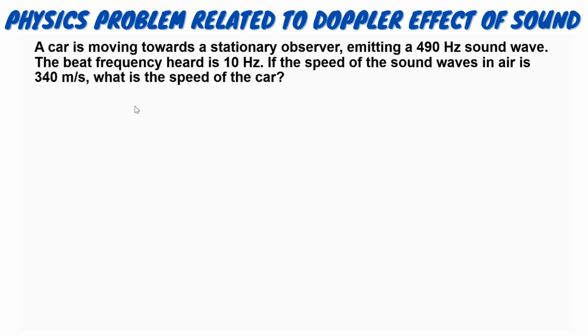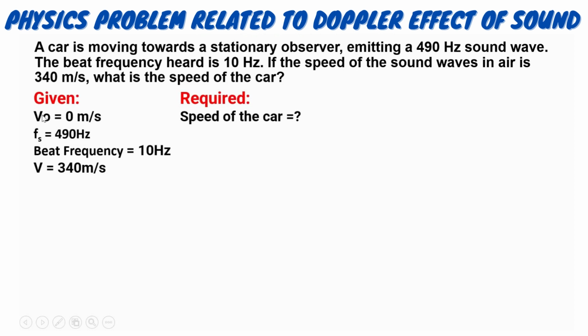Okay, so first let's identify the given variables. First, we have the speed of the observer, and it mentioned here that it is stationary, which means the speed of the observer is 0. Next, the car is emitting a 490 Hertz sound wave. So this is our source frequency, 490 Hertz.